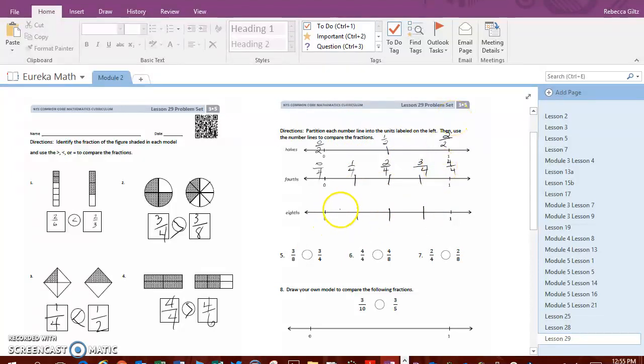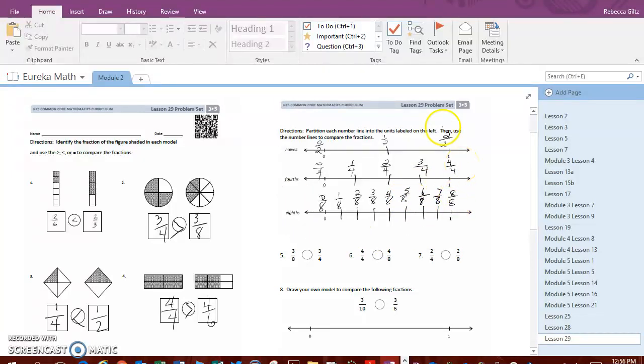And now I have to divide each of those in half to get 8 equal pieces. 1, 2, 3, 4, 5, 6, 7, 8. Okay. So 0/8, 1/8, 2/8, 3/8, 4/8, 5/8, 6/8, 7/8, and 8/8.